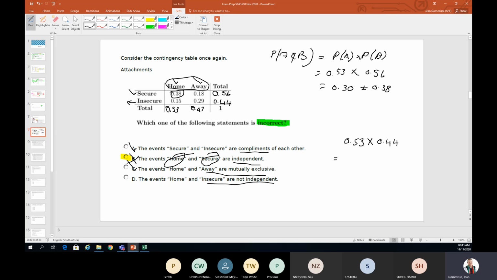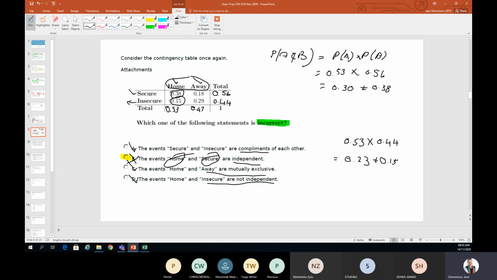So 0.53 times 0.44 is 0.23. So that is not equal to 0.15. Thus, we can say it is dependent, or it is not independent. So that one is correct.